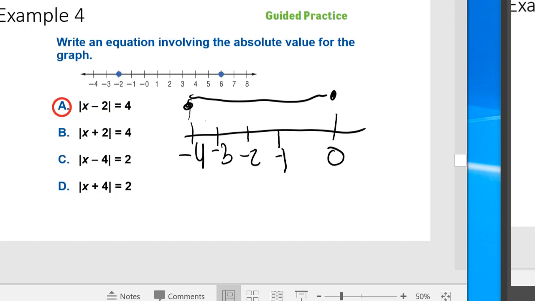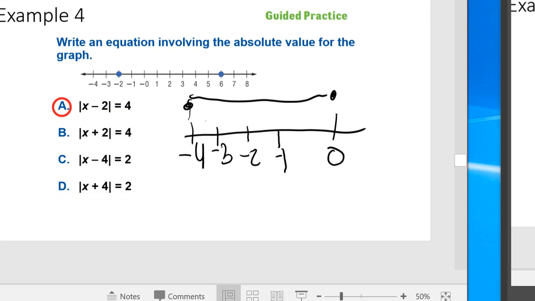If you can't see it, it's essentially just negative 4, negative 3, negative 2, negative 1, and 0 on a number line. Everybody see that?